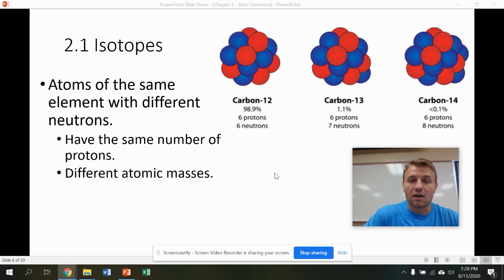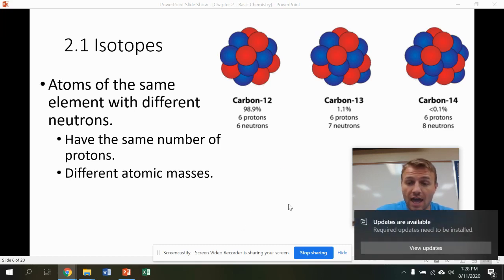That just means there is a different number of neutrons for that particular atom. So they have more or less neutrons than what you would expect. Now, to find the atomic mass, there's some math involved, but you take the averages from these based on the proportions, and that's how you really find out the atomic mass.